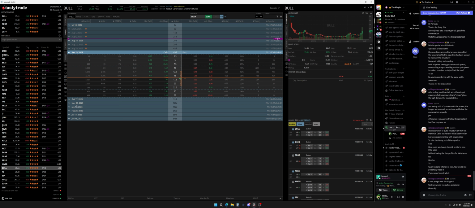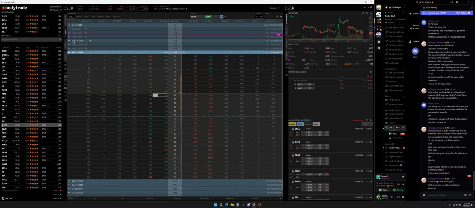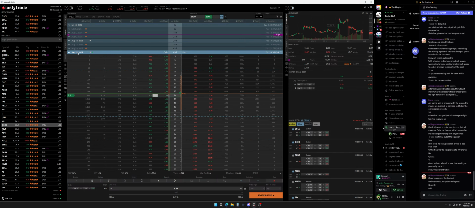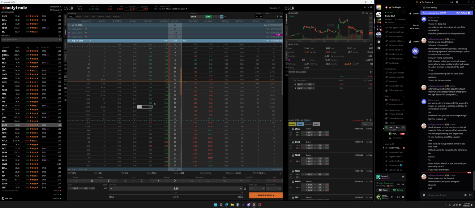So I opened up that Oscar call diagonal earlier today. I don't know if you saw. It's one people have been talking about. Mate G in our group brought it up. I decided to go with this instead of a synthetic stock because I don't really know very much about Oscar. I know a lot of people have been talking about it. I see Bob Dog talking about it a lot.